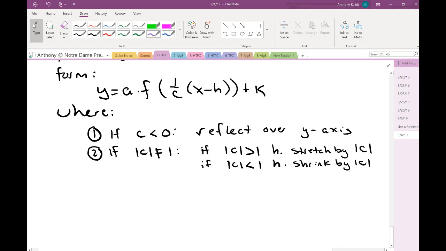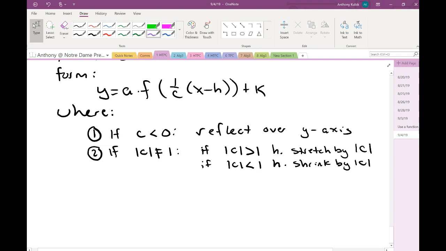Okay? If the absolute value of C is not equal to 1, then one of two things can happen. If the absolute value of C is greater than 1, we get a horizontal stretch by that factor. And if the absolute value of C is less than 1, we get a horizontal shrink by that factor.